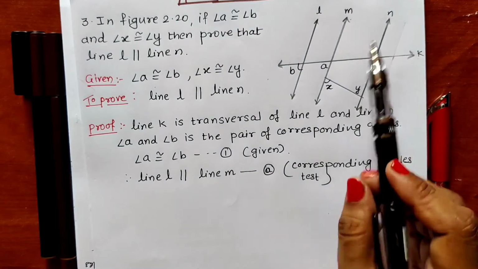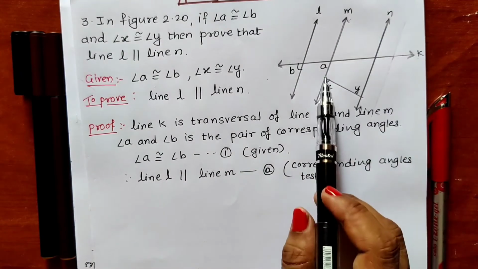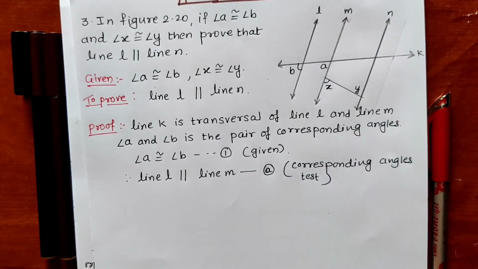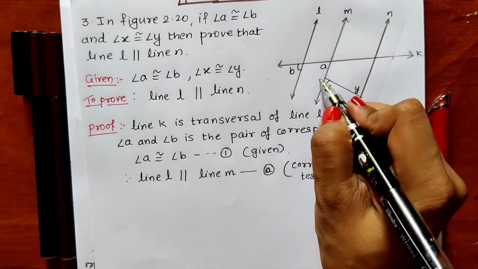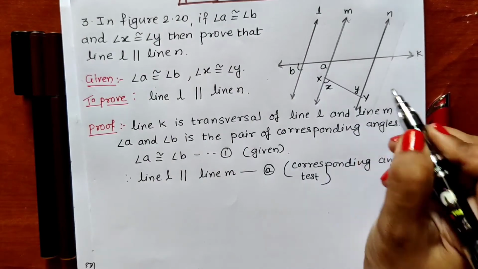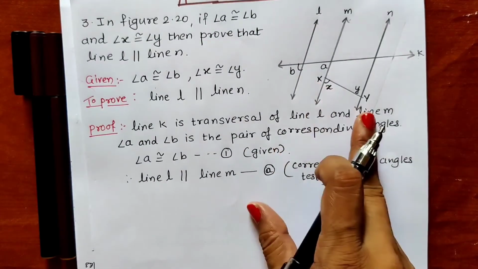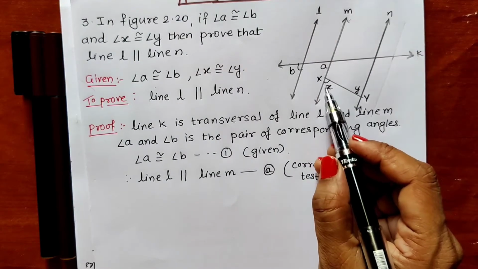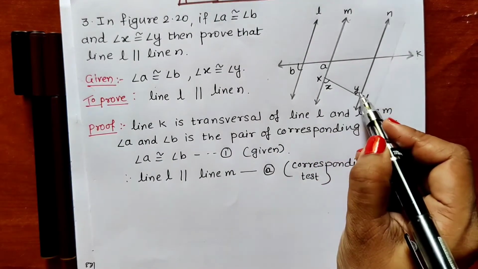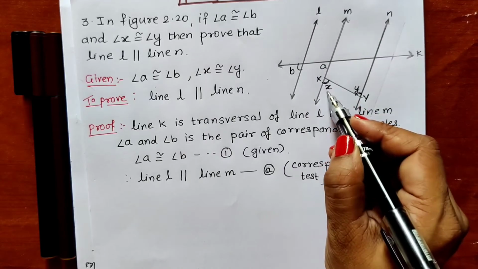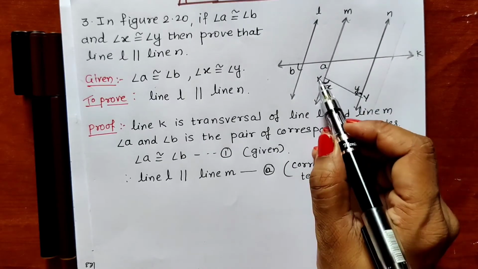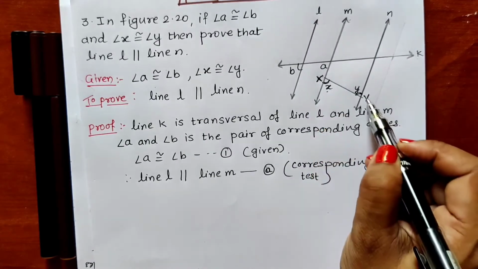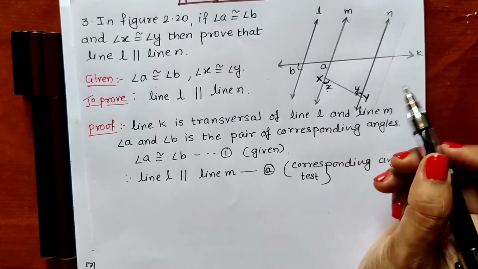Now let us observe these two lines M and N, and this is the transversal. I can write the names here, capital X and capital Y. So this segment XY will become their transversal. Angle X and angle Y are the angles, shown by small x and small y, and I have put point X and point Y to show the segment XY.